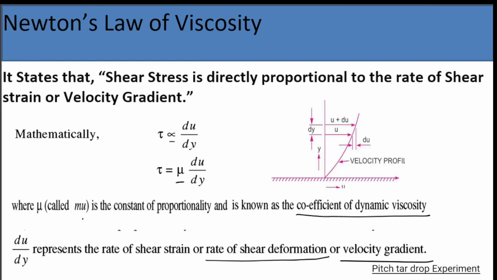Now, if you look at the slide closely, there is something written, pitch tar drop experiment. Please Google about this. This is a very interesting experiment which is still going on and which is related to the viscosity of the material called pitch tar.